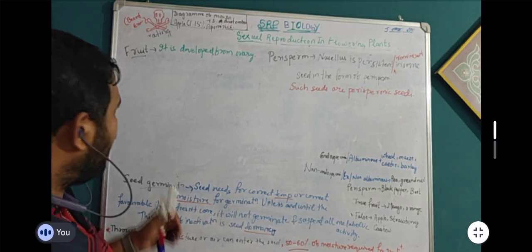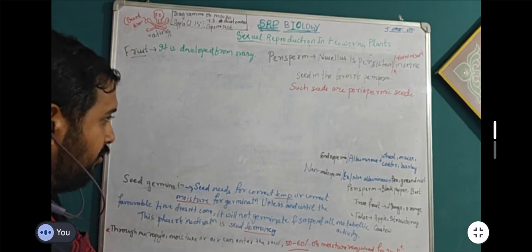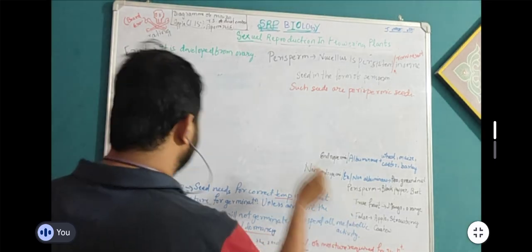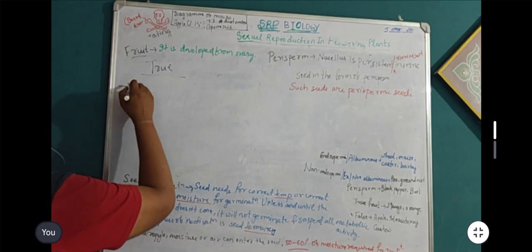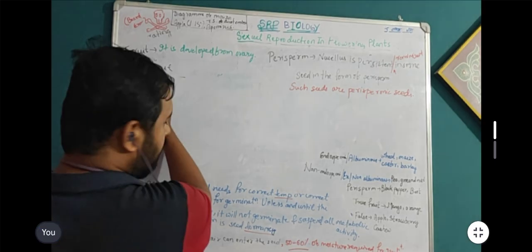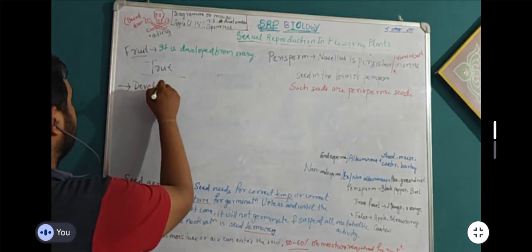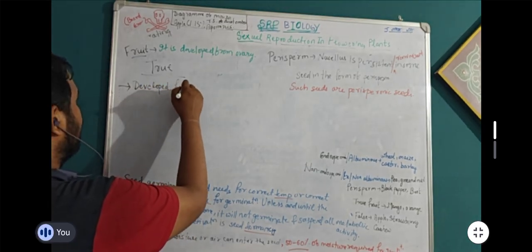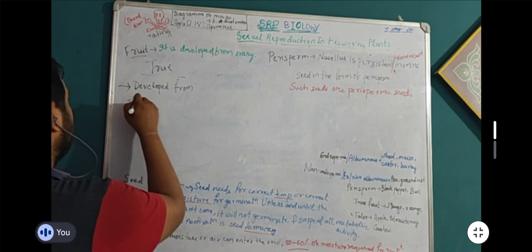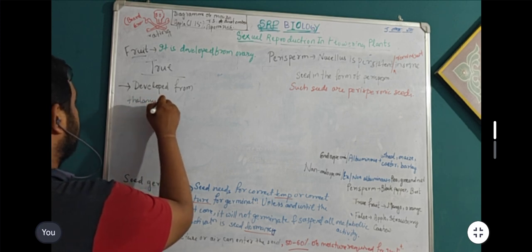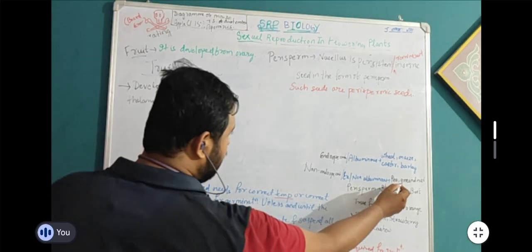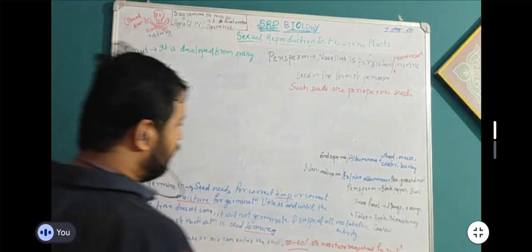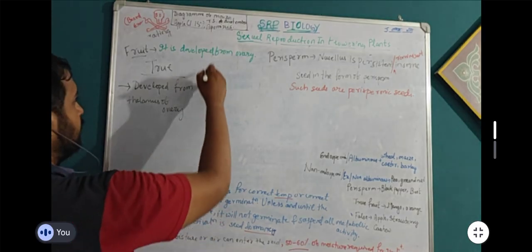But from which part is it actually developed? On that basis, fruit can be of two types. Here I have written one is true, one is false. True fruit means any fruit developed from the thalamus of the ovary. Examples I have written: mango, orange. What is false fruit?